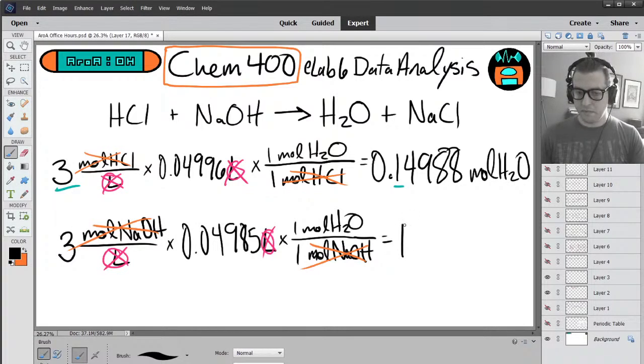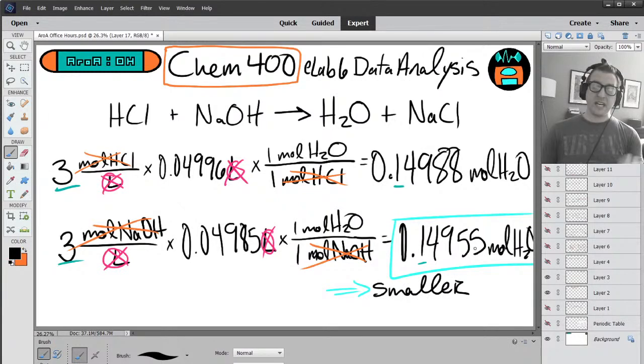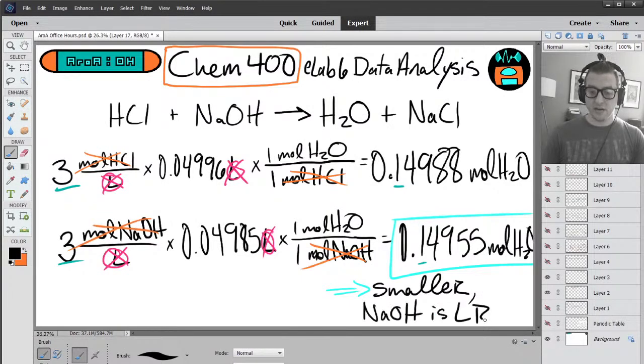So this would be 0.14955. Sig figs wise, it's the same. We're limited to 1. Now, this value is smaller. And because this is a smaller quantity of moles, that means for my data set, sodium hydroxide is the limiting reagent.